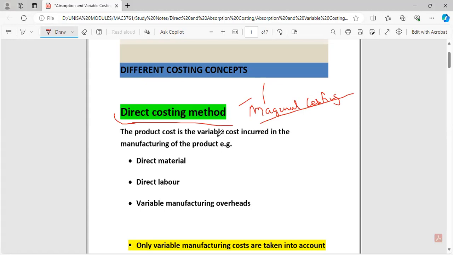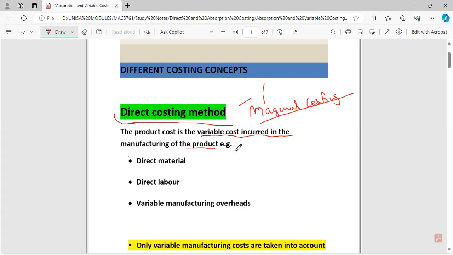Right? In the direct costing system, what we just need to understand is that only variable costs incurred in the manufacturing of the product are going to be the cost of the product. So in direct costing, when you are looking at your question, you should look at variables.